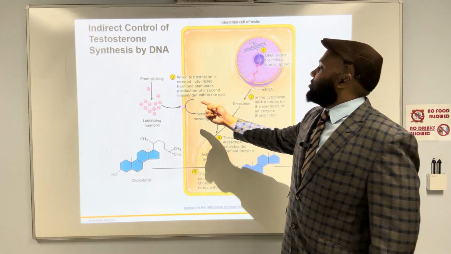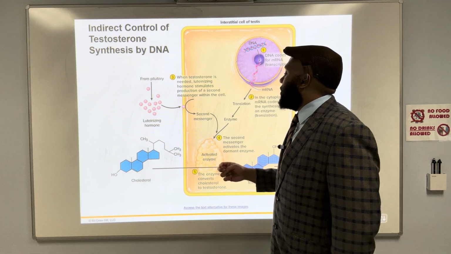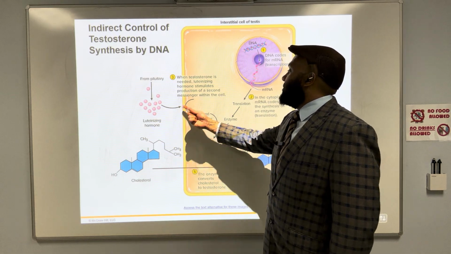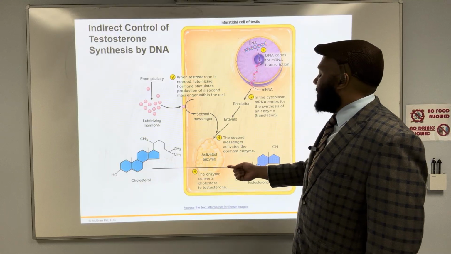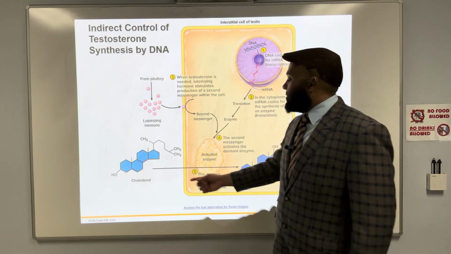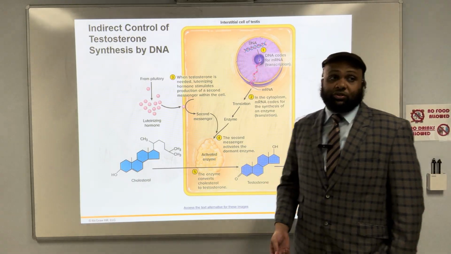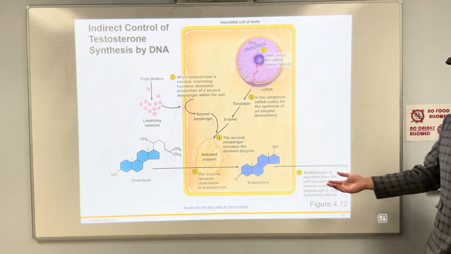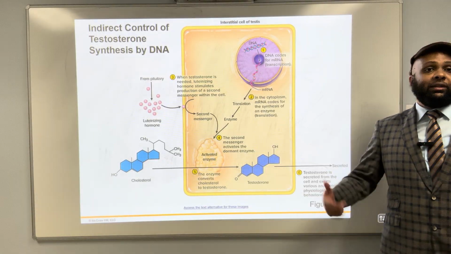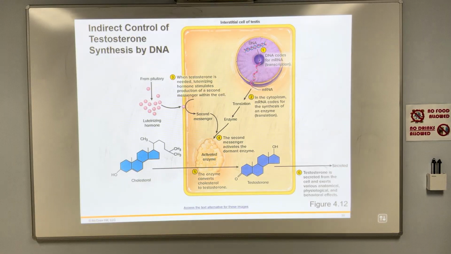But when testosterone is needed, a very important hormone known as luteinizing hormone, LH, is going to stimulate the production of a second messenger within the cell. And this second messenger is going to activate enzymes. And these enzymes are going to convert for us cholesterol into testosterone. That's why we said there are cholesterol-based hormones like testosterone, progesterone, aldosterone, and estrogen, and then we're going to have testosterone in the end.